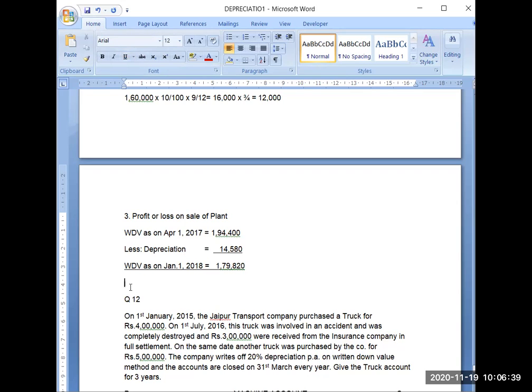Now we have got the WDV. Sale value is 1,60,000.